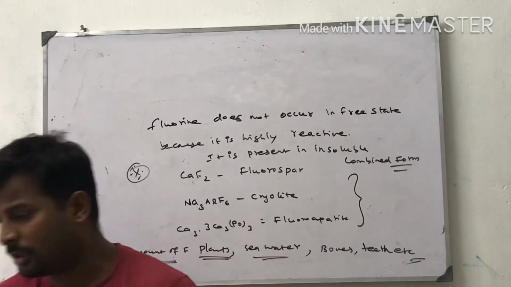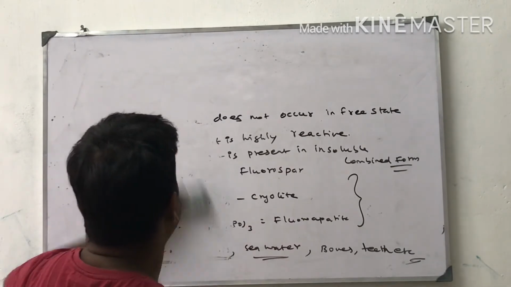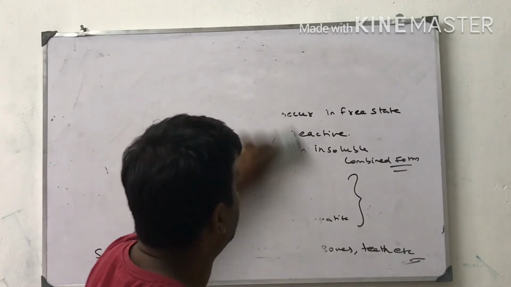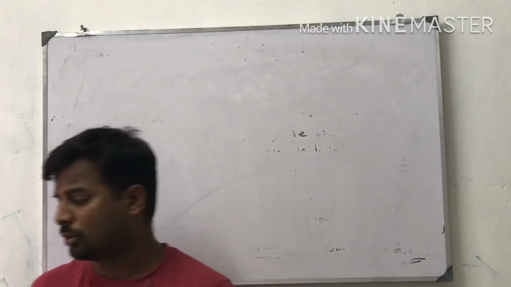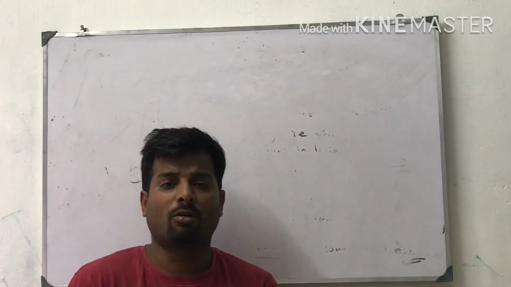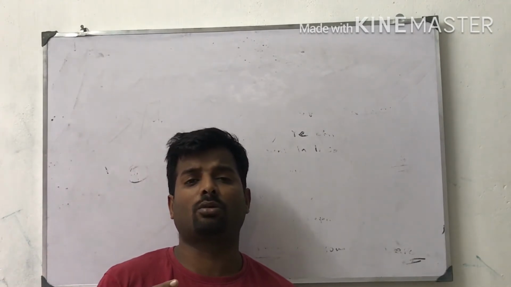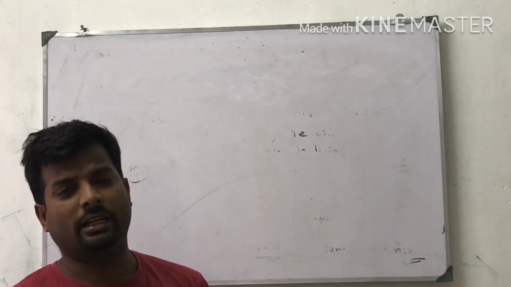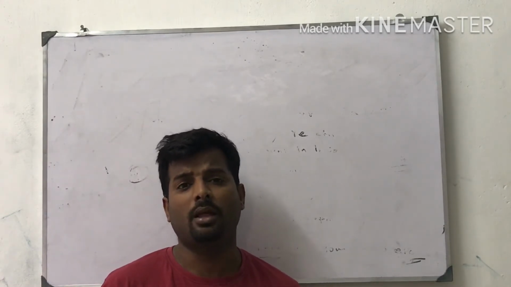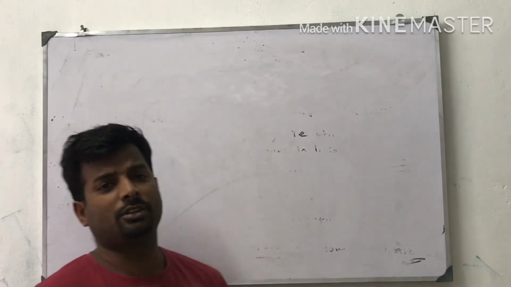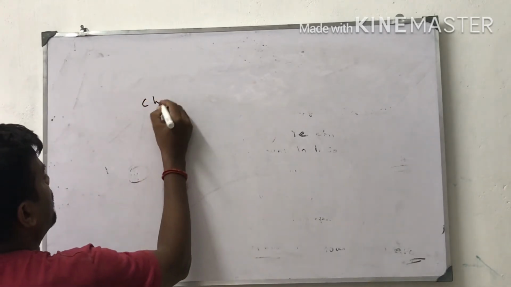Next one is chlorine. Chlorine is present in the form of chloride. Sodium chloride is a very good example of a chloride ion. Sodium chloride is present in sea, lake and rock. Mainly sodium chloride occurs in rock salt, sylvine, and other chloride minerals.